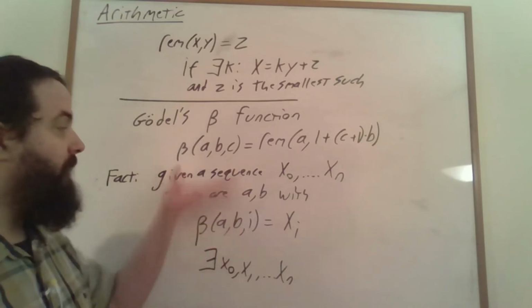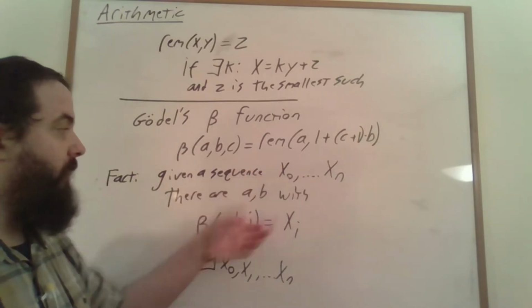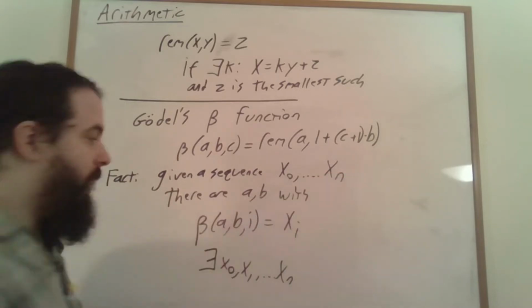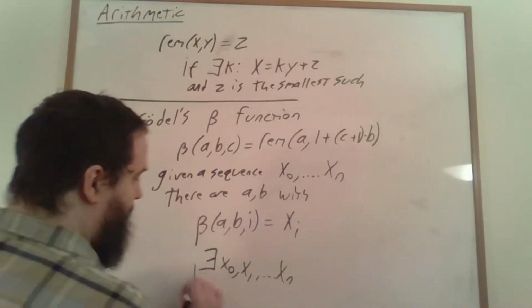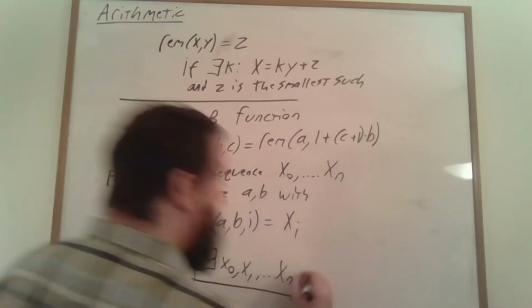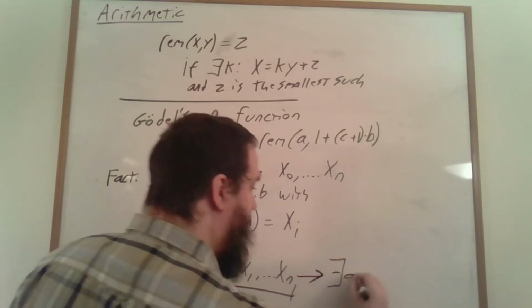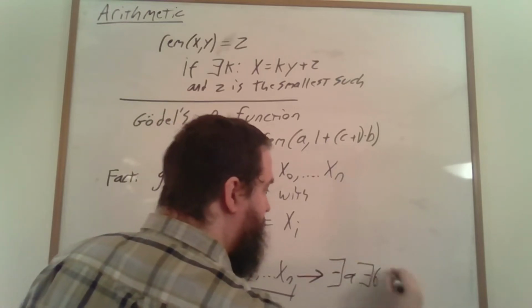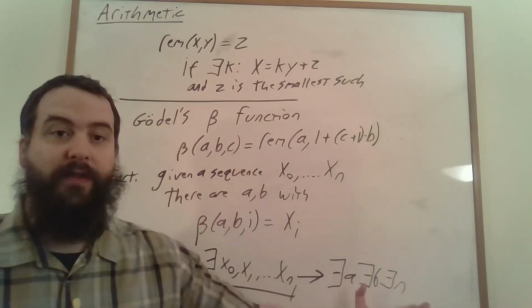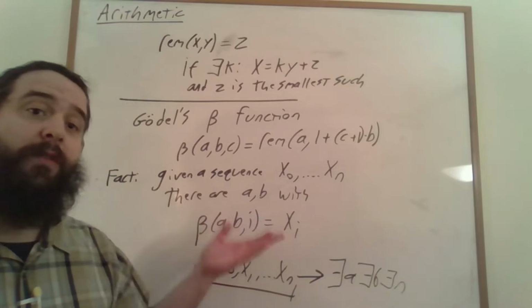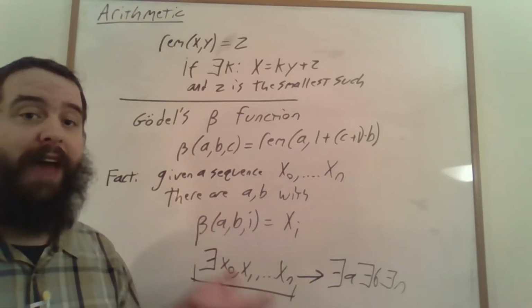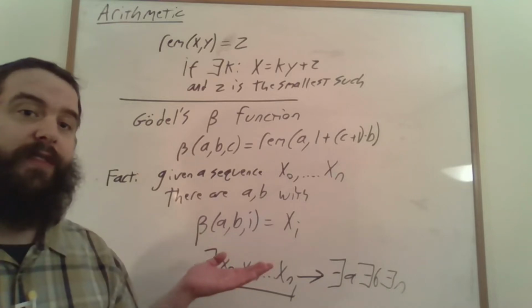And having the ability to talk about arbitrary sequences with only three variables allows us to translate this sort of notation, which isn't valid first order logic, into there exists an a, there exists a b, and there exists an n satisfying certain properties, and this is valid first order logic. So being able to do this sort of encoding gives us a new expressive power that we didn't realize that we had before. Let's talk about a proof of this fact.